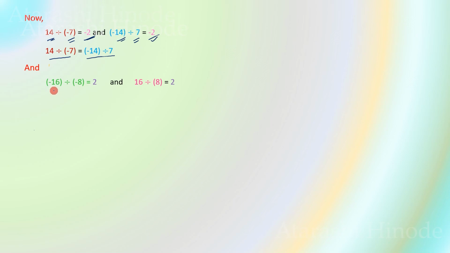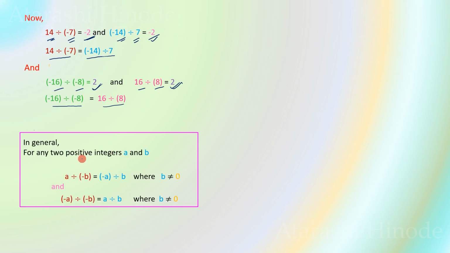Here also, minus 16 divided by minus 8 is equal to 2. And 16 divided by 8, that we know is 2 only. That is, both the quotients are the same here. So we can write minus 16 divided by minus 8 is equal to 16 divided by 8.